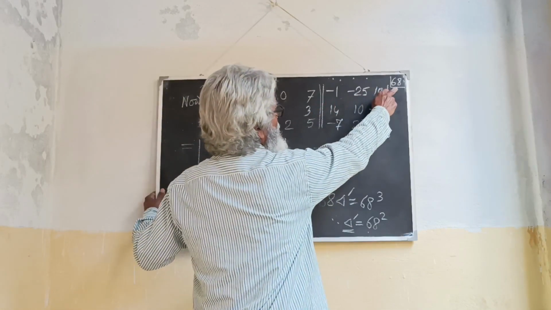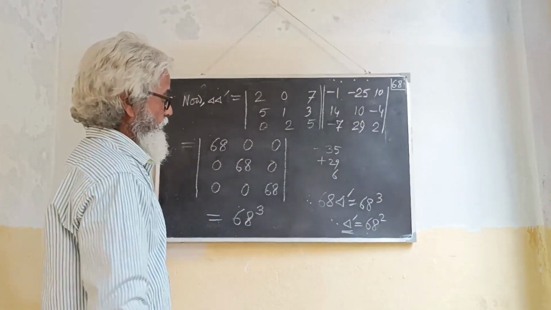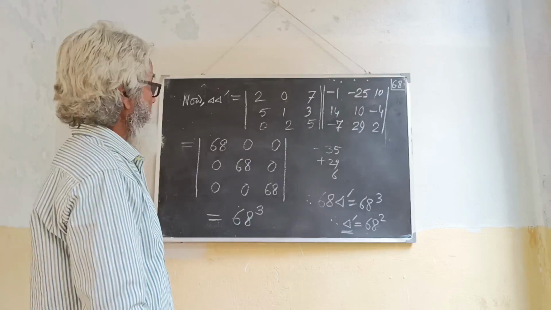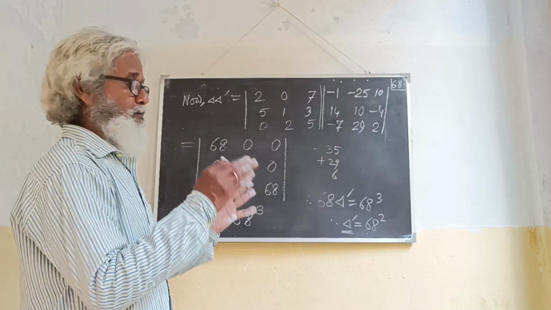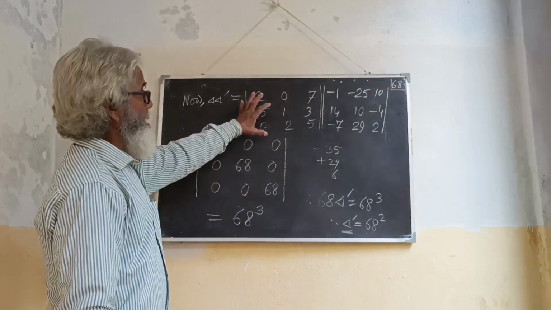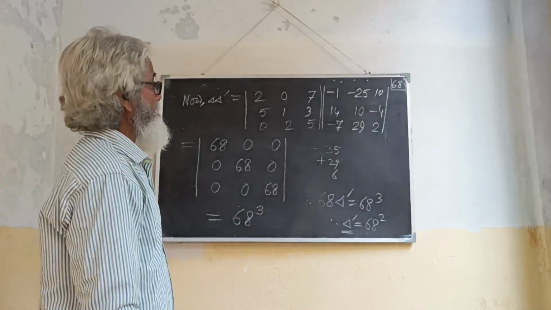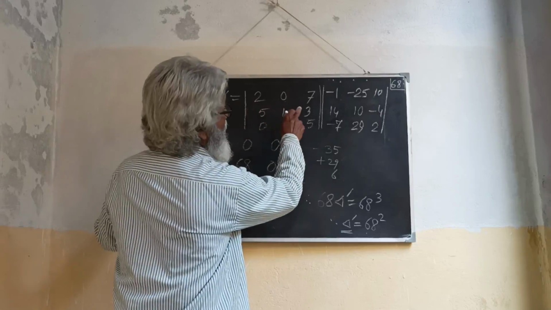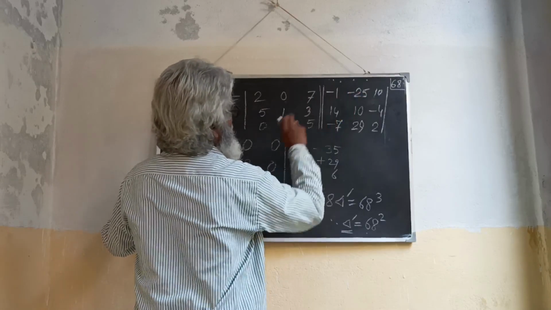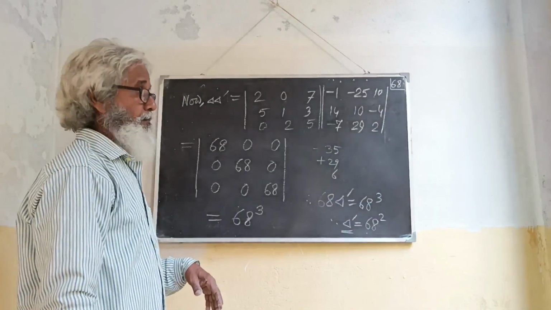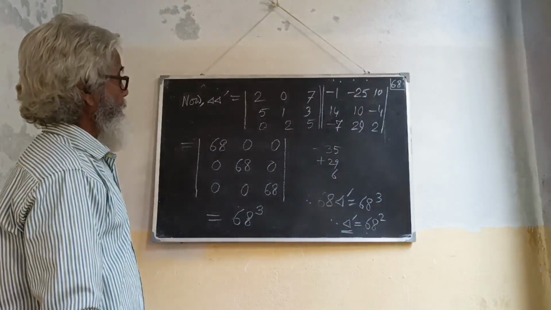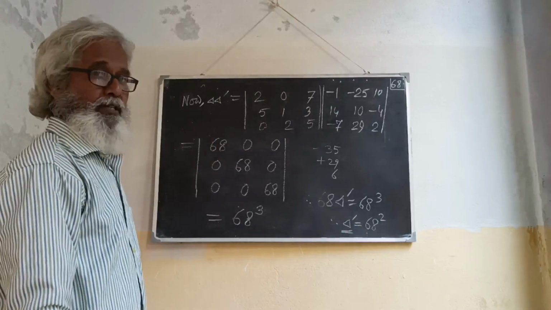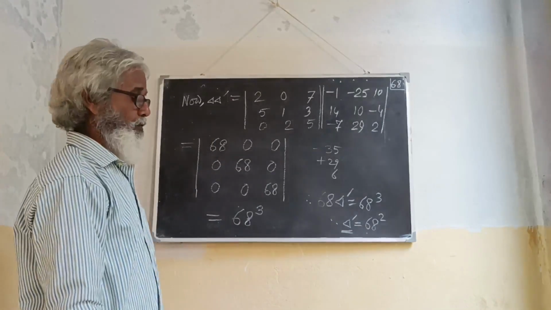The numeric value of delta was 68 and delta dash equals 68 square. Thus, the statement is verified along with this problem. I am very sorry, there was a mistake: minus 2 plus 70. I had added them together, but it will be subtracted from 70 and it will make 68.